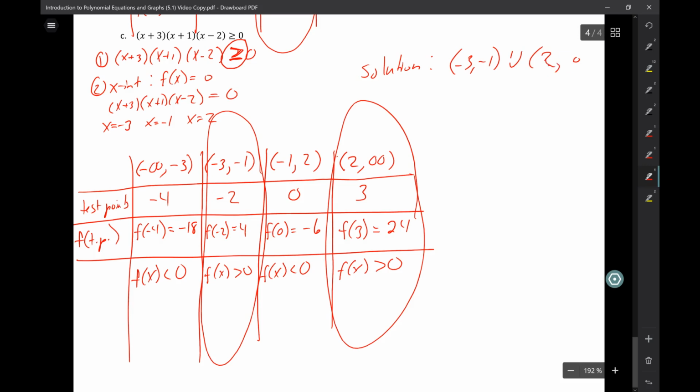We also include the -3, -1, and the 2. The reason for that is because we can have "or equal to" 0, and those are x-intercepts, which means it is equal to 0 if you substitute in those values. Therefore, in this case, when it comes to -3, -1, and 2, we use brackets. So this is the answer here.